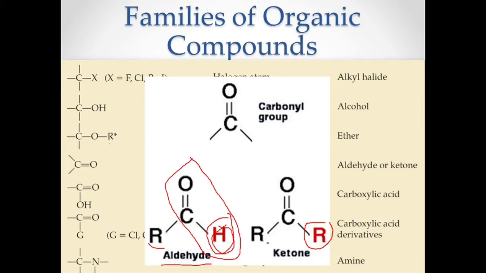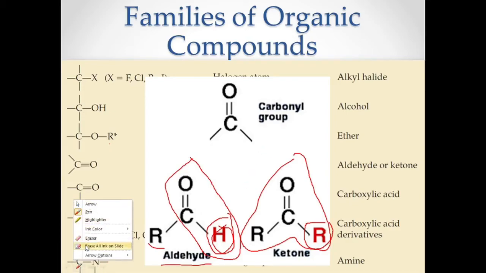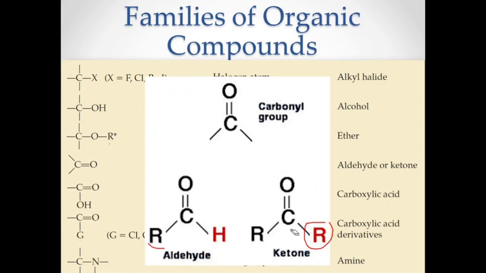If those two are R substituents, then the functional group there is what we call a ketone. So an aldehyde is H, C double bond O, R, while a ketone is R, C double bond O, R. So that is the difference between an aldehyde and a ketone. More of that when we go to the topic about aldehydes and ketones.